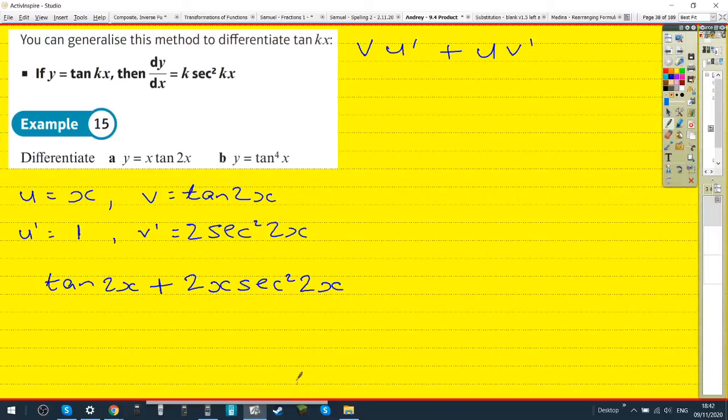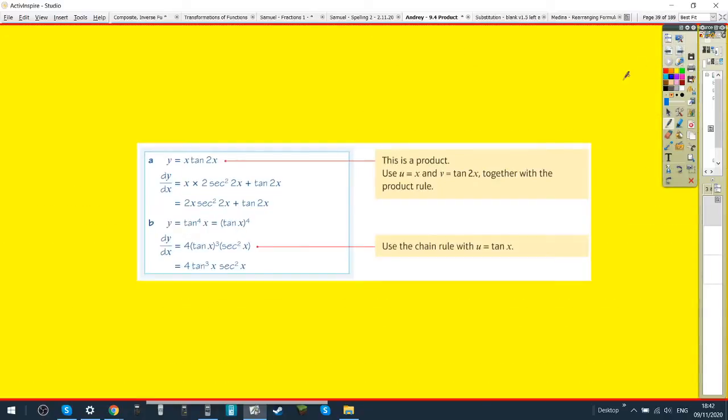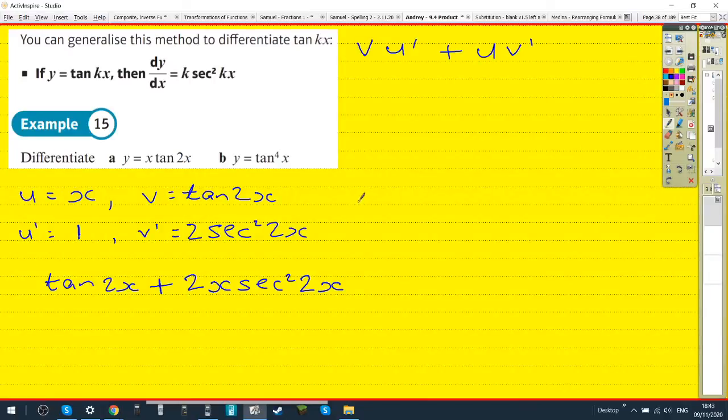Yeah, and it's just a bit neater. That's it. tan 2x plus 2x sec squared 2x. Yep. Okay, part B.